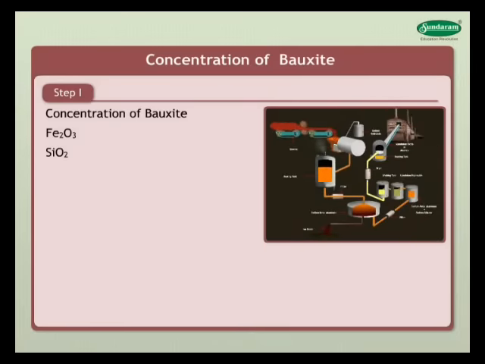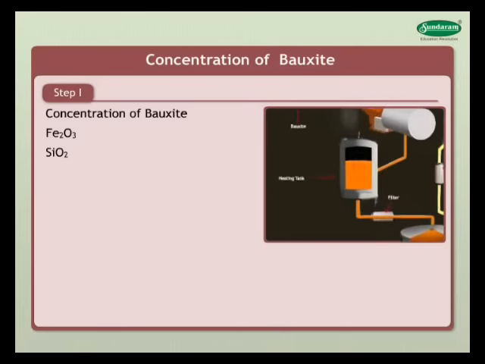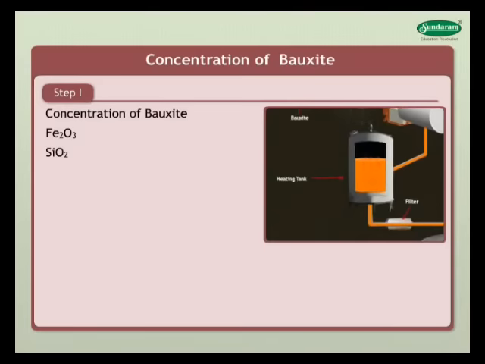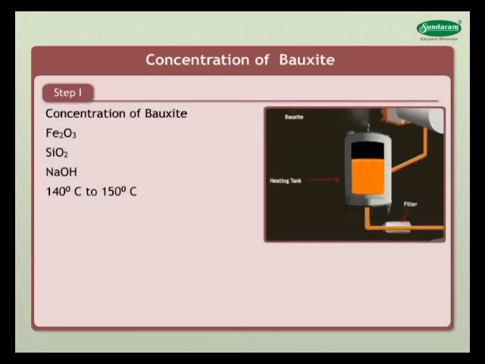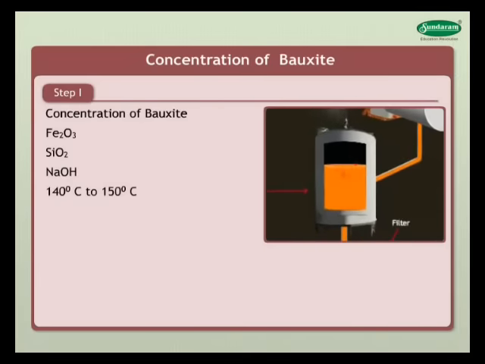In this process, the ore is first crushed and then treated with hot concentrated caustic soda, NaOH solution under high pressure for 2 to 8 hours at 140 degrees Celsius to 150 degrees Celsius in a tank called digester.